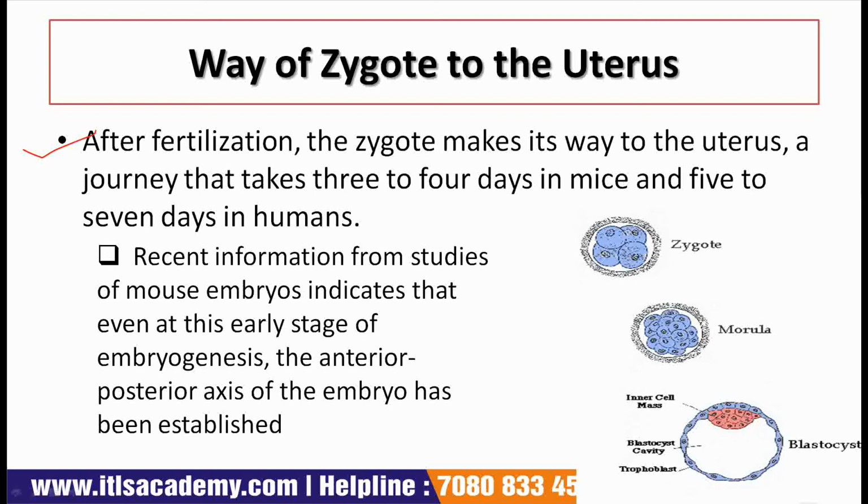First point is, after fertilization, the zygote makes its way to the uterus. That is a journey that takes 3 to 4 days in mice and 5 to 7 days in humans.